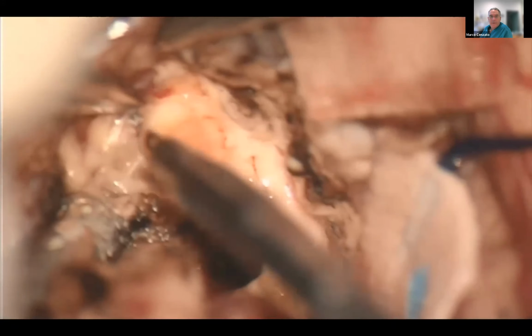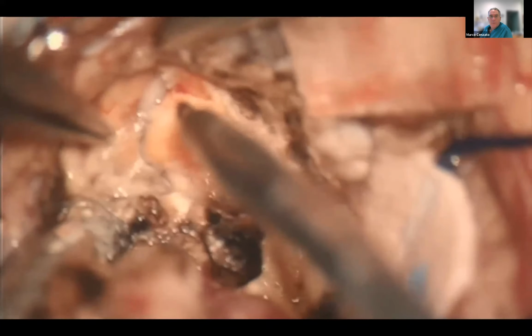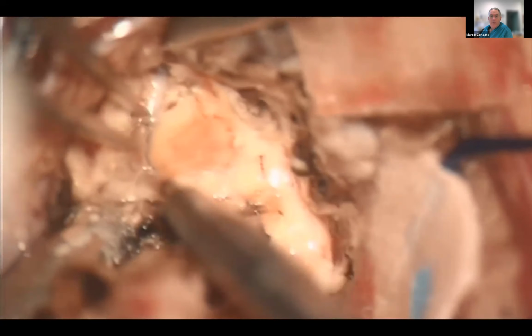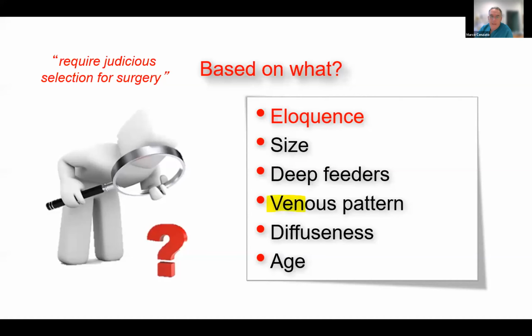But the introduction of laser is also a very nice instrument to occlude them without touching and without stitching with the bipolar, and you can close them very effectively with laser.